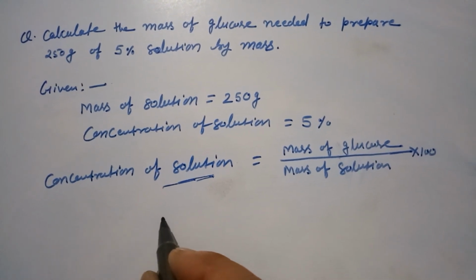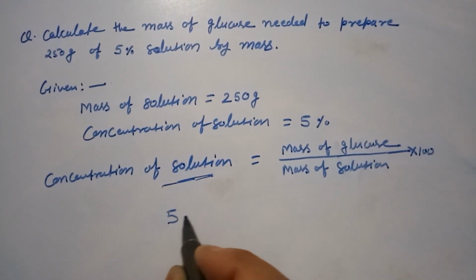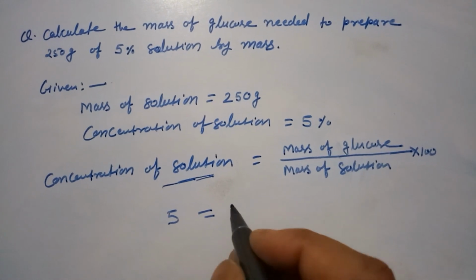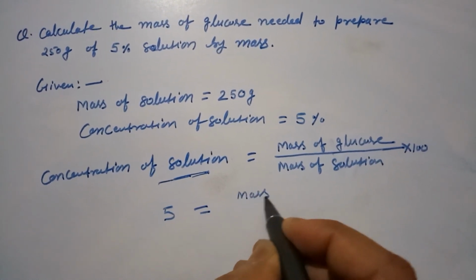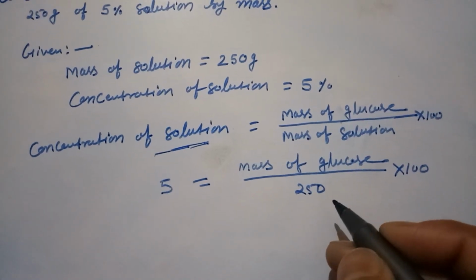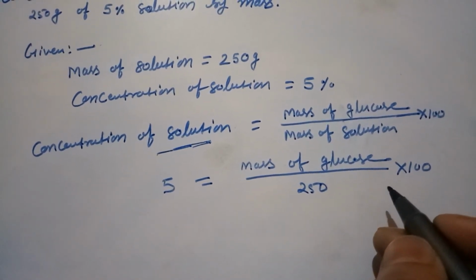It is given 5%, then mass of glucose divided by 250 into 100.